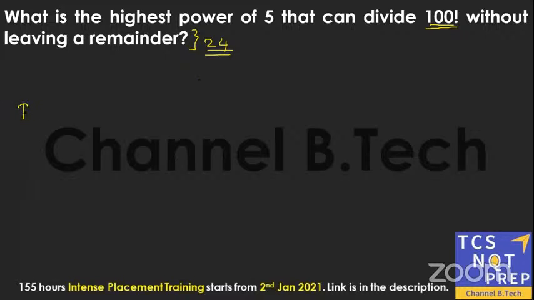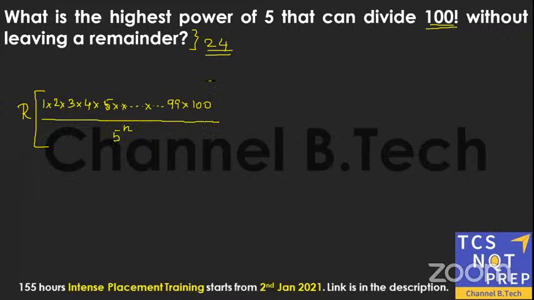Now, 100 factorial. How can I write 100 factorial? 1 into 2 into 3 into 4 into 5 into, like this, till 99 into 100. This is how I can expand 100 factorial divided by 5 power n. What did we see in the previous two questions? The number of 5s that are there in the numerator is the answer, right?